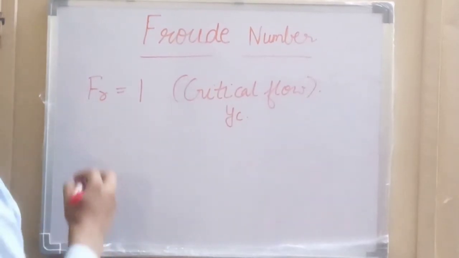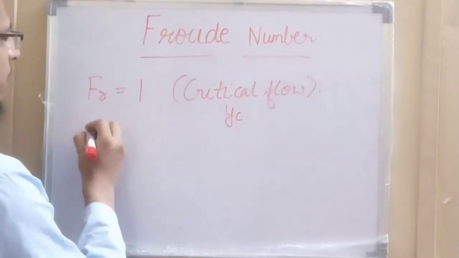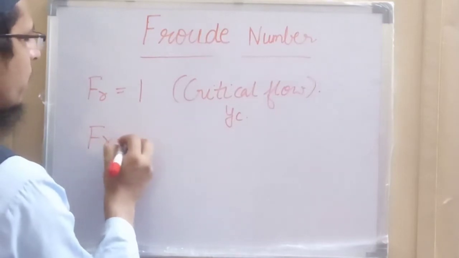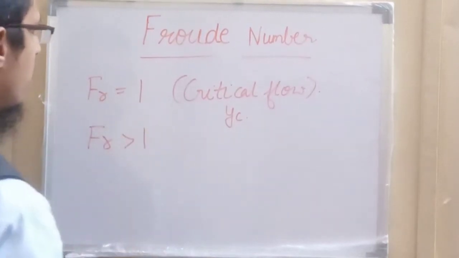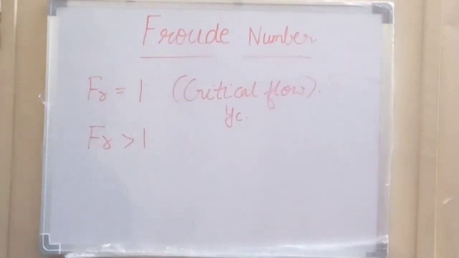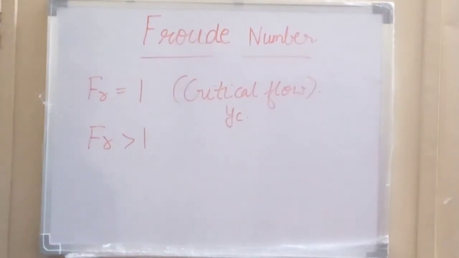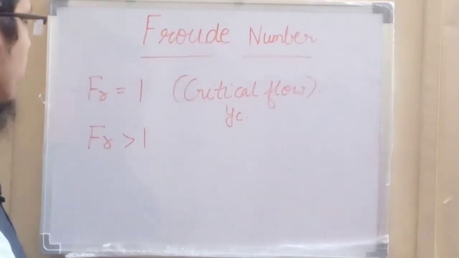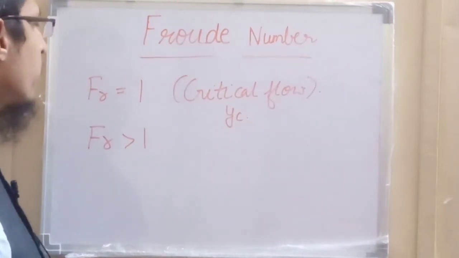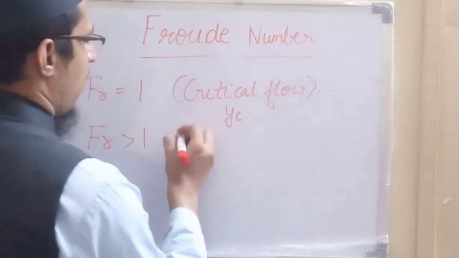And now we can say another classification, Froude number greater than 1. When Froude number is greater than 1, that means inertia force is greater than gravitational force. That is, acceleration is higher, or the velocity is higher.